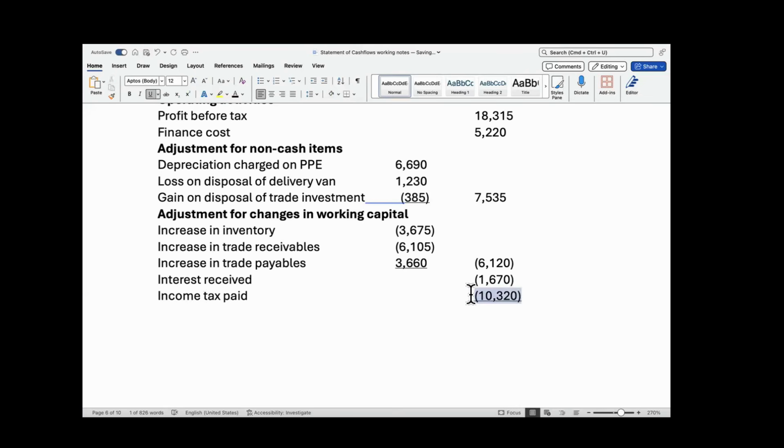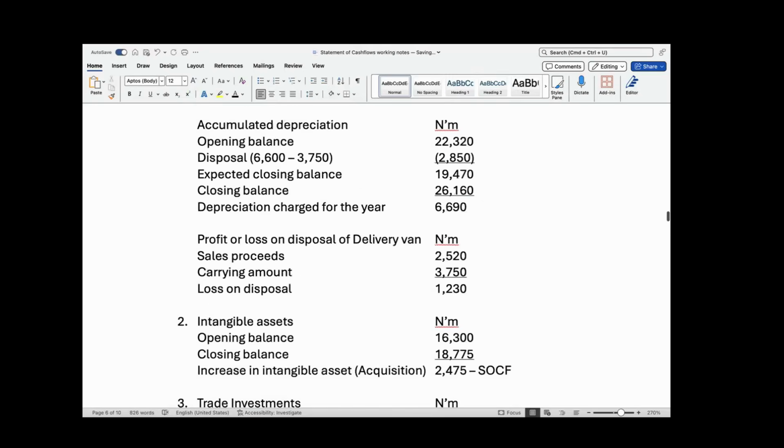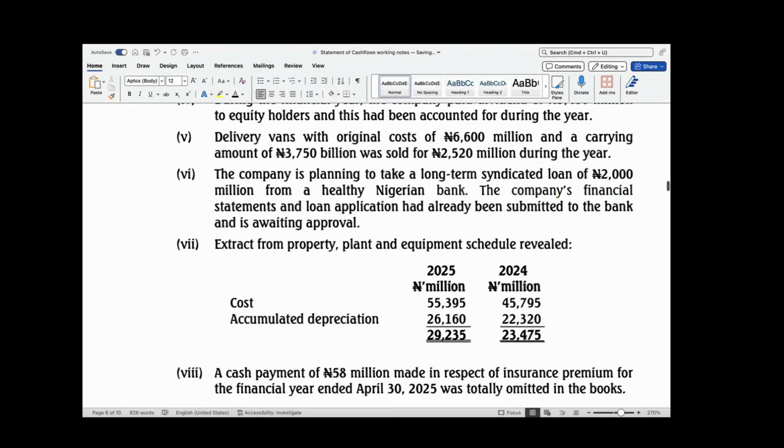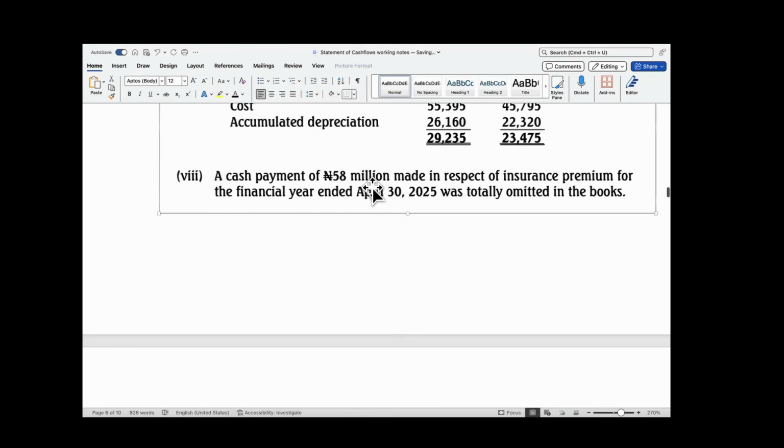Now I can stop here, but the examiner told me that there was a payment they made that they did not even put in the books at all. They made a payment for insurance premium of 58, which is an expense. They should have put it in our admin expense and also remove it from our bank. They did not do any of the two.